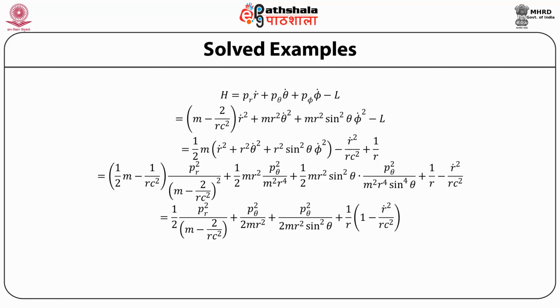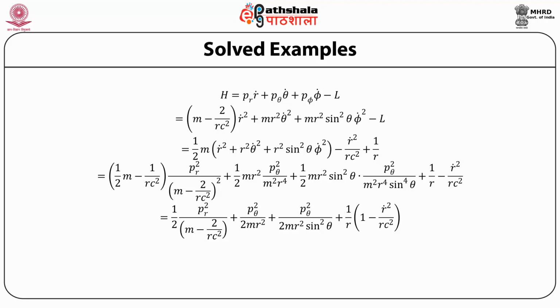Now substituting for p_r, p_theta and p_phi from what we have obtained earlier, we write this Hamiltonian as half m (r dot square plus r square theta dot square plus r square sin square theta phi dot square) minus r dot square by r_c square plus 1 upon r, which we now write in terms of the conjugate momenta instead of the generalized velocities using the relationships.